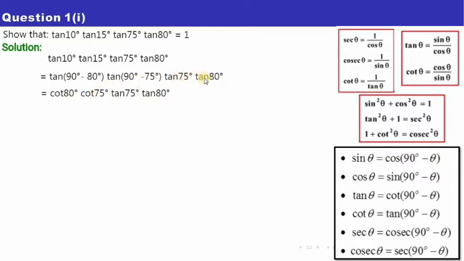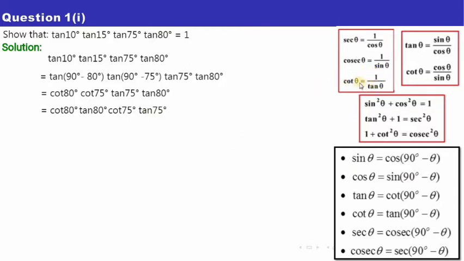Now I'll keep the same angles together. For example, cot 80 and tan 80 are kept together, and they are together in the given format only, right? So we have cot 75 and tan 75. Now observe this.